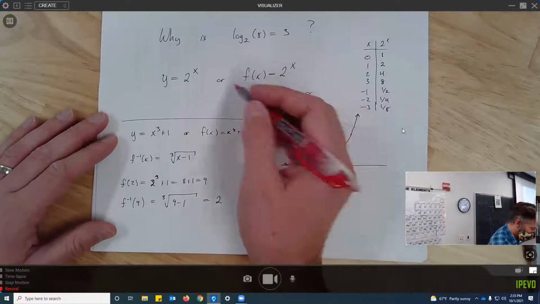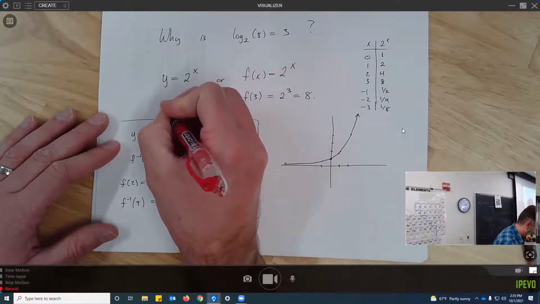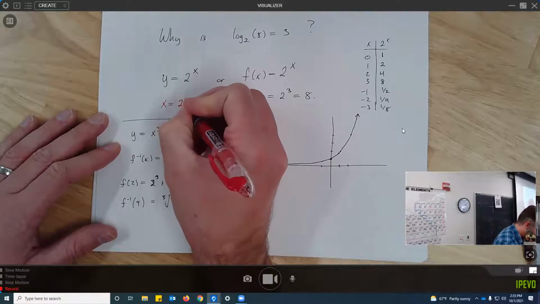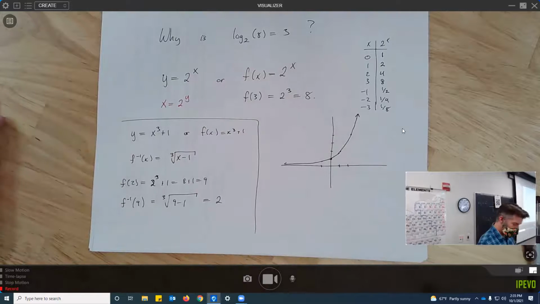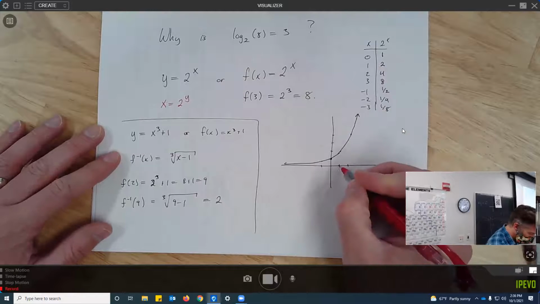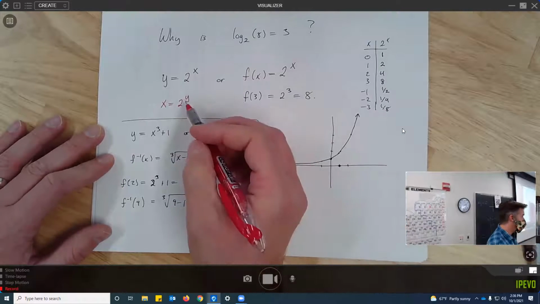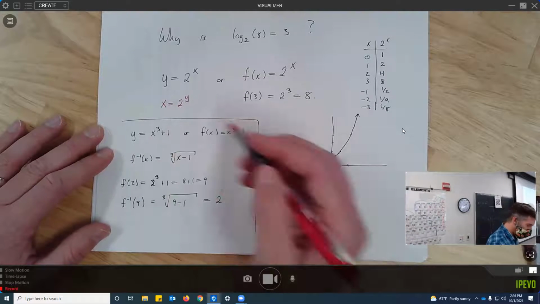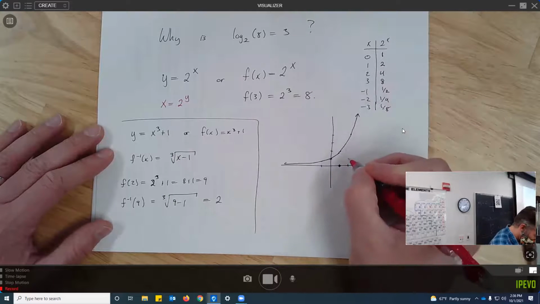So if I take this function and interchange x and y, I now have the flipped values. So instead of 0, 1, I get 1, 0. Because if y is 0, x is 1. And instead of getting 1, 2, I get 2, 1.